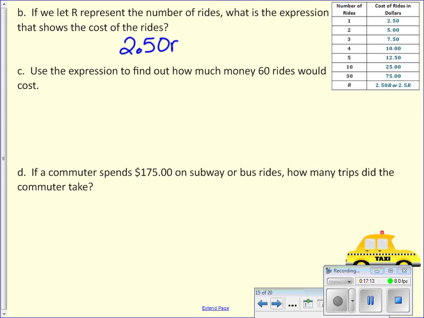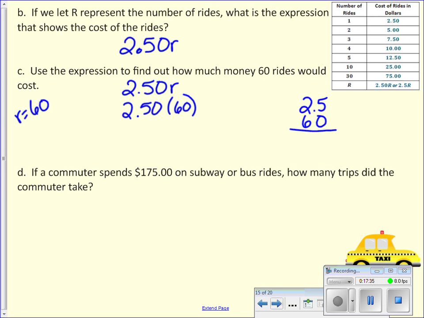So how much would 60 rides be? So my R equals 60. So 2.50R, I put my formula first, then I replace my letter with its value, then I come over to my margin.